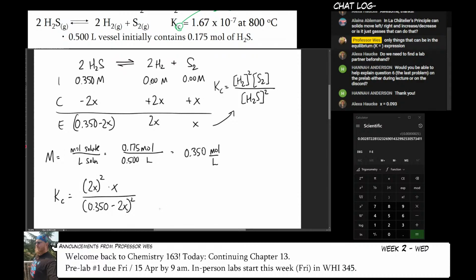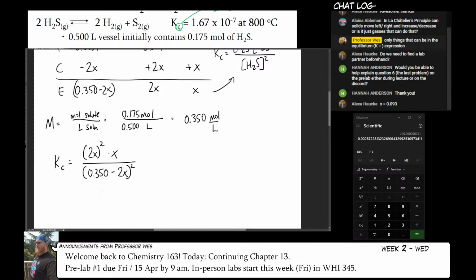And you could see what a nightmare this would be to solve by hand, right? Because we have a cubed term on the top and a squared term on the bottom. We're not going to deal with that. We're going to do this. We're going to say x is small. Where are we adding or subtracting x from? Right here. So we're just going to scribble that guy out. And now our term looks like this.